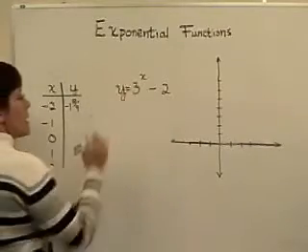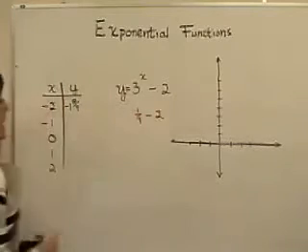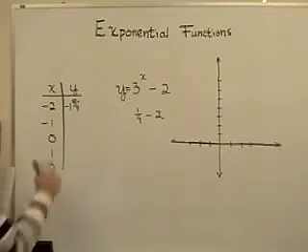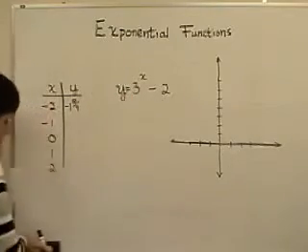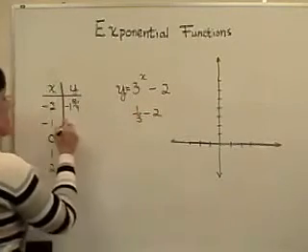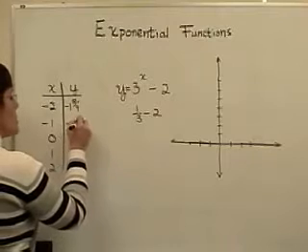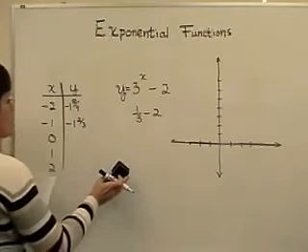Again, 3 to the negative 2 is 1/9. I subtracted 2, and I got a negative 1 and 8/9. When I put a negative 1 in here, I have 3 to the negative 1, or 1/3. Minus 2, so I'm going to get a negative 1 and 2/3 for that piece.